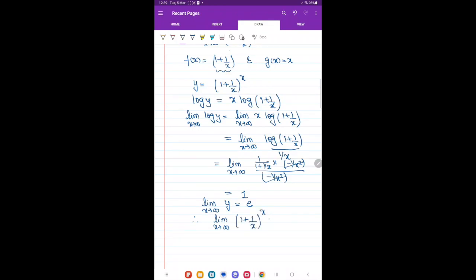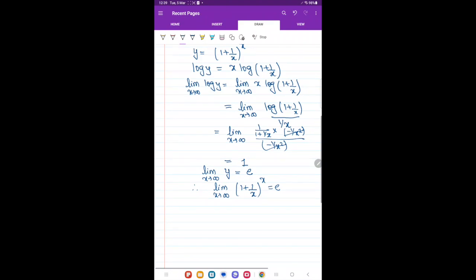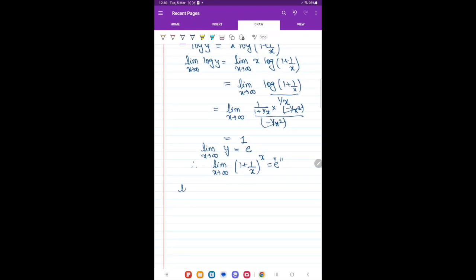Why did I choose this example? Here f of x is approaching 1 in the same way as g of x is approaching infinity, so that I am getting a constant value. Now let's do another example, for example this one: 1 plus 1 over square root of x, raised to power x.